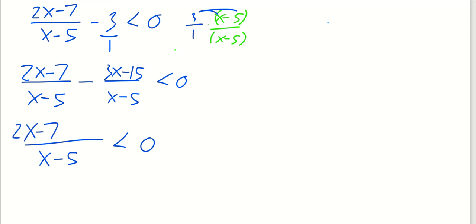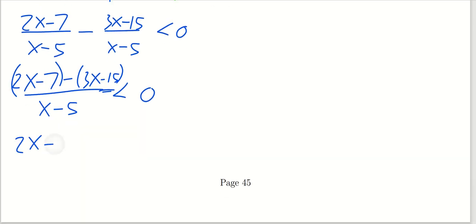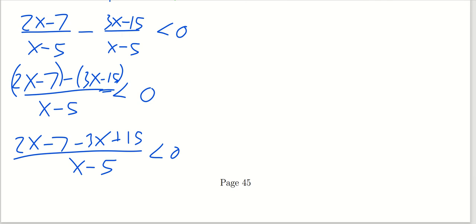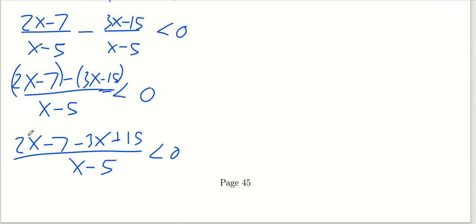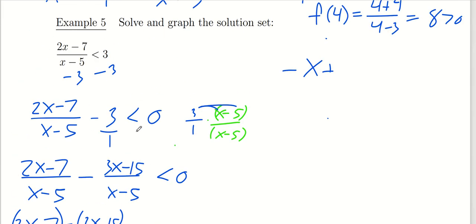It's going to be 2x minus 7 minus (3x minus 15) is less than 0. That is (2x minus 7 minus 3x plus 15) over (x minus 5) is less than 0, which is going to be (negative x plus 8) all divided by (x minus 5) is less than 0.